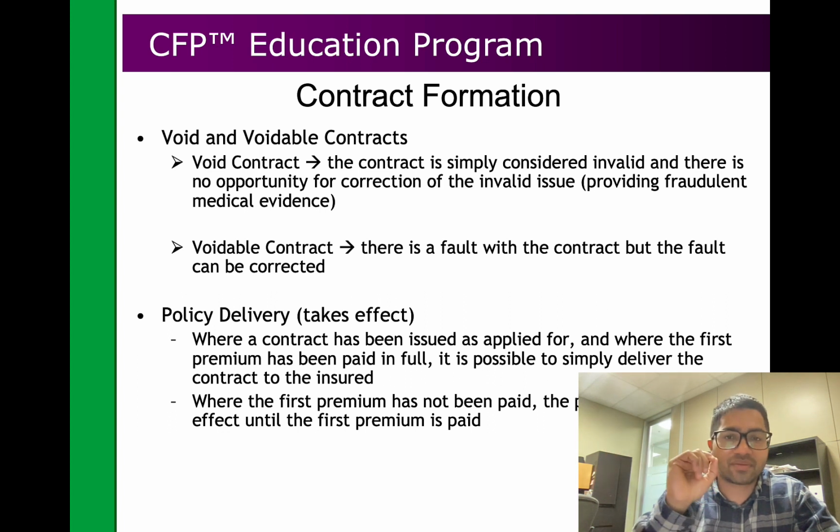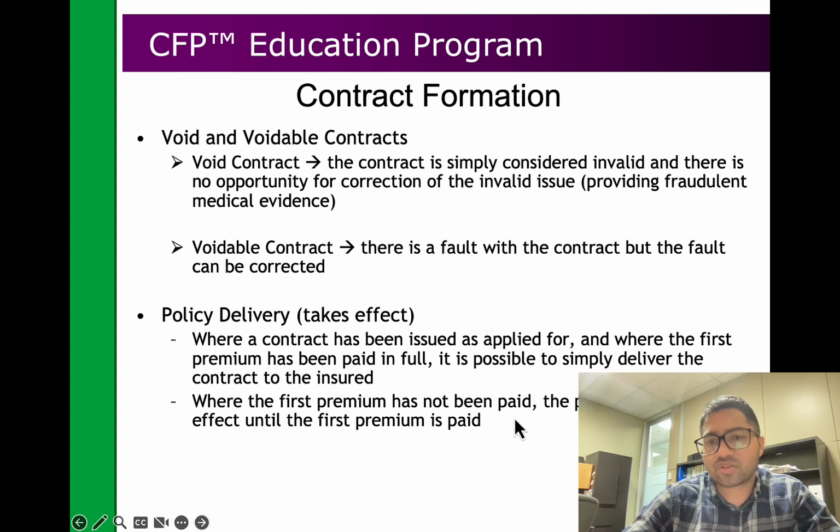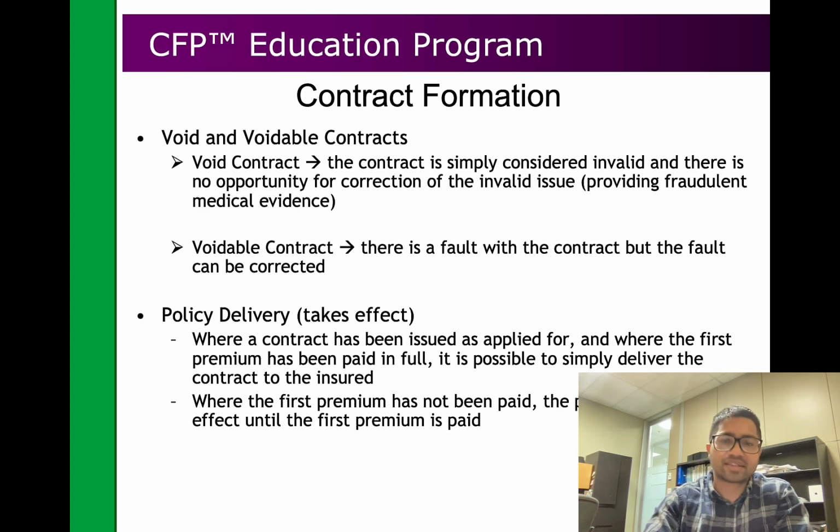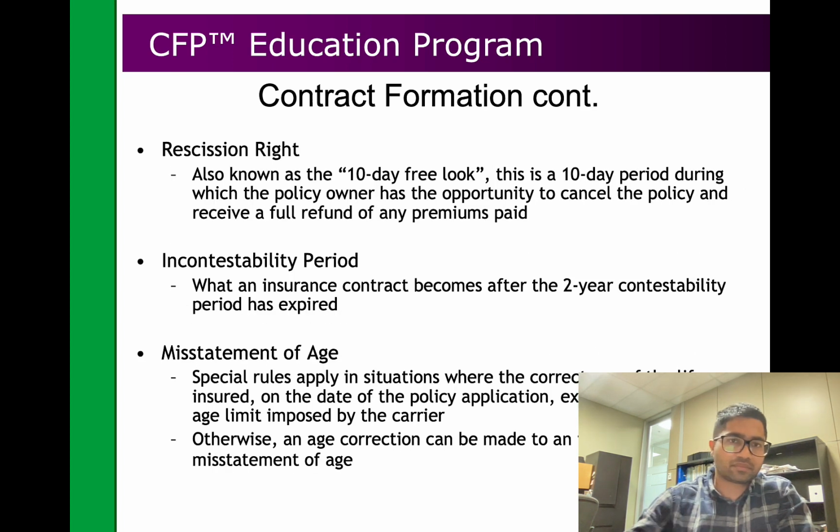When it is issued as applied, and the premium is paid, then the policy starts. If the first premium has not been paid, the policy will not take effect until the first premium is paid. So in insurance, premiums have to be paid in advance. So when you pay the premium, only then the policy starts.